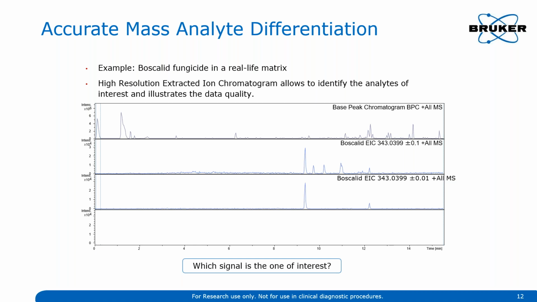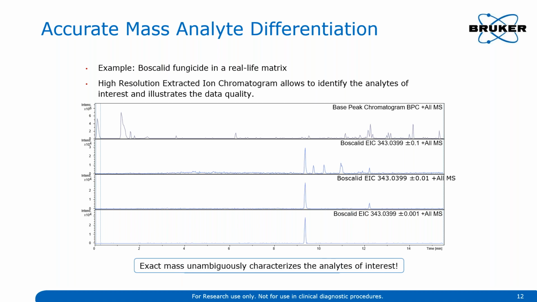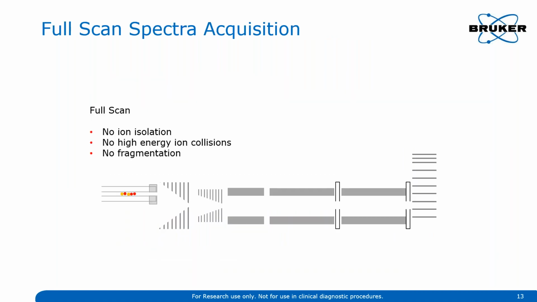It's better, but we still cannot be certain. So let's increase the resolution further to 1 millidalton. And now we're in the real high resolution accurate mass domain. Finally, we get a single peak and can say with certainty that this is our target. This is, of course, an important advantage of high resolution accurate mass, but not the only one.